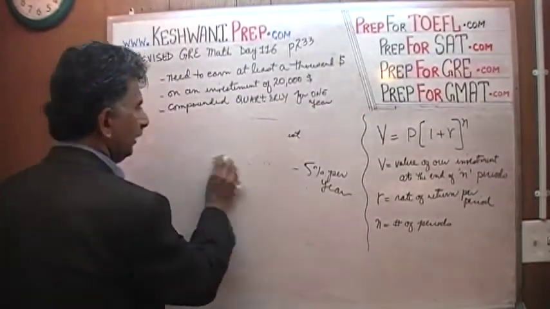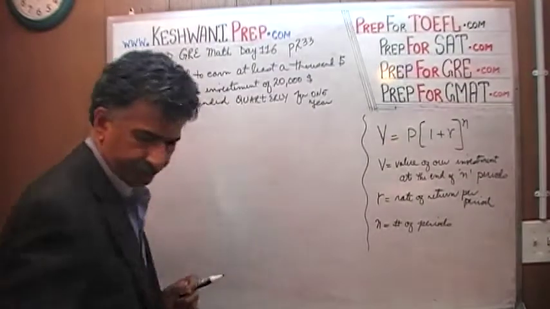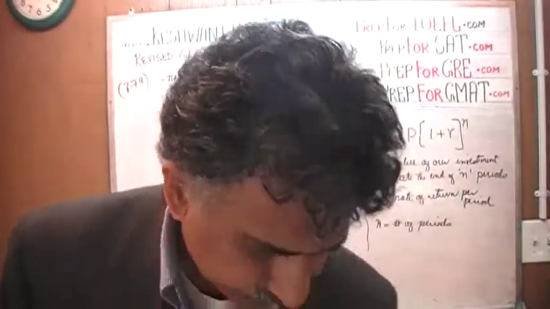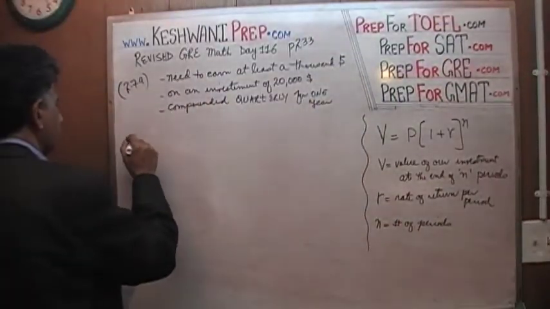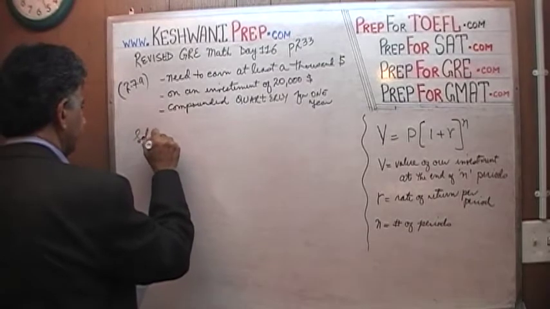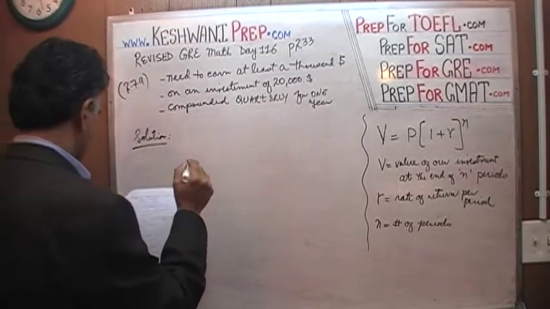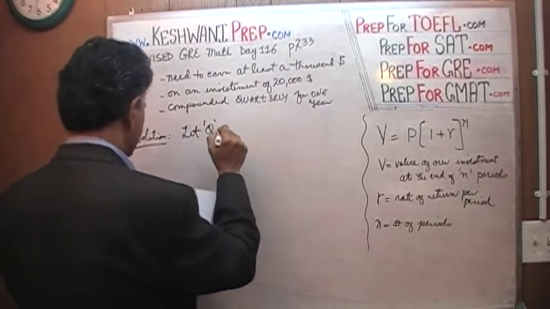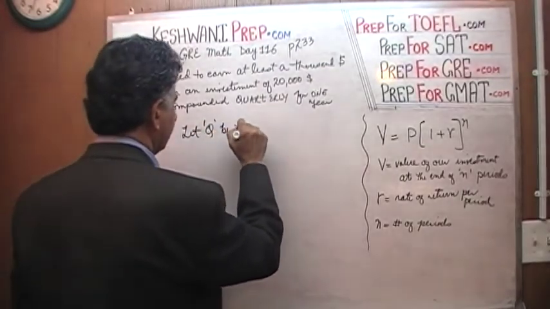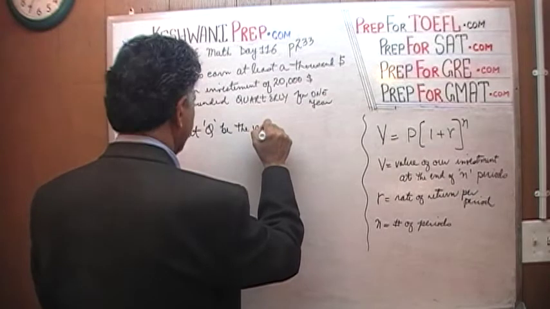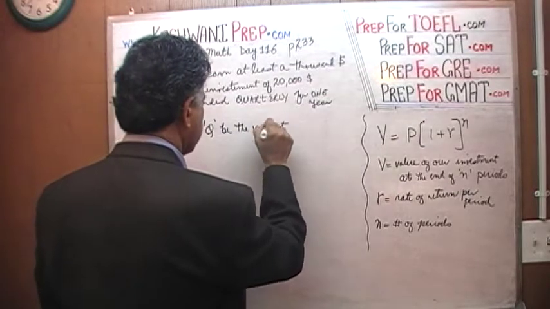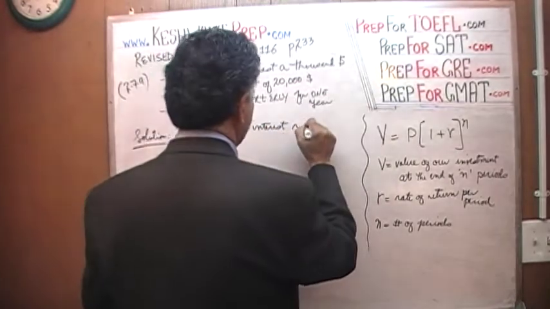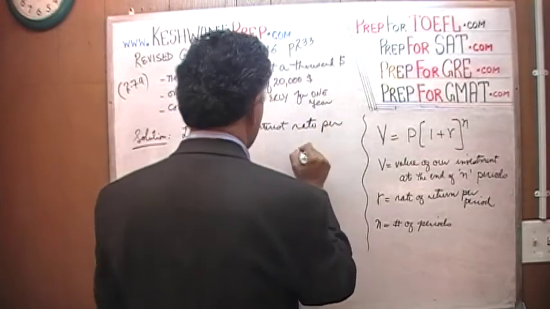So let's solve it. I'm talking too much and we're not actually solving it. Let's set it up. Let Q be the interest rate per quarter.